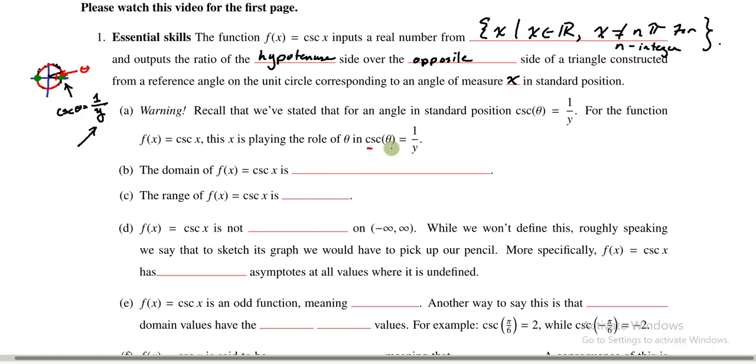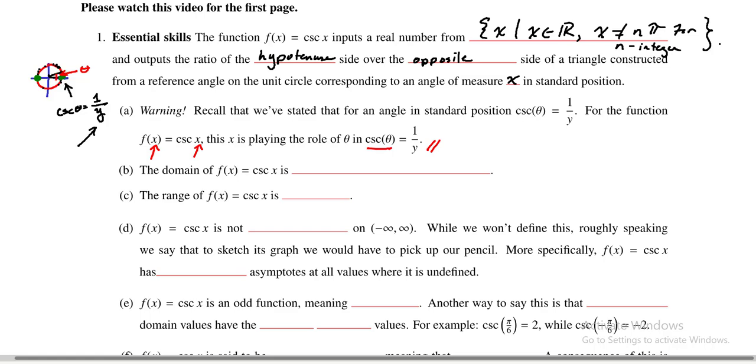And so we do say on the unit circle that the cosecant of theta is equal to 1 over y. But when we're just dealing with inputs and outputs in the traditional sense, we choose to use our input variable x, and so x is not playing the role of the x coordinate on the unit circle. It's playing the role of the angle, and that's just a confusing fact of life, folks.